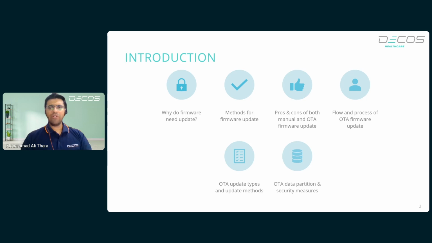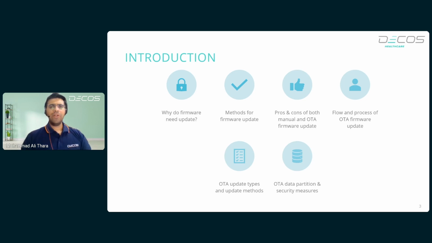Manual updates require physical intervention, offering control and thorough testing, but they can be time-consuming and insufficient for large fleets. In contrast, OTA updates streamline the process by remotely delivering updates via network connection, allowing faster, scalable deployments. However, OTA updates require a robust network and stringent security measures to ensure data integrity.